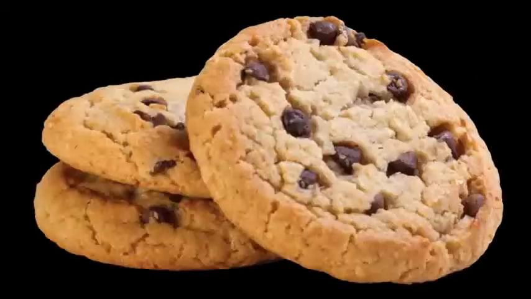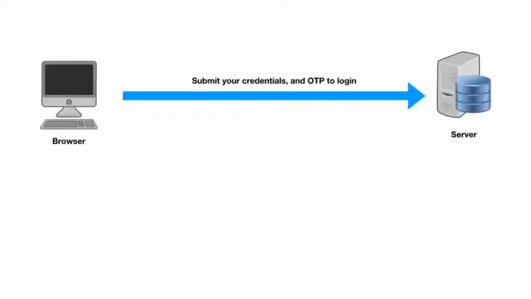So, cookies. There are some seemingly random strings, which are not completely random, and they are used to identify a user within a session. When you log into your Facebook account by submitting your username, password and additionally a one-time password, your browser sends these parameters to the Facebook server in a message.